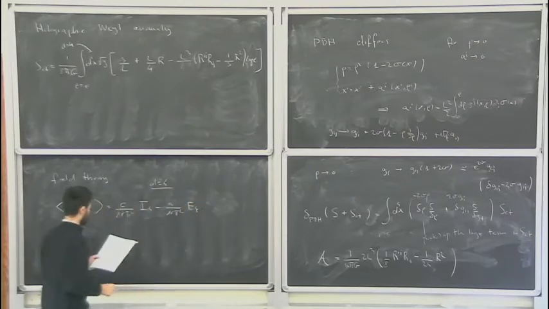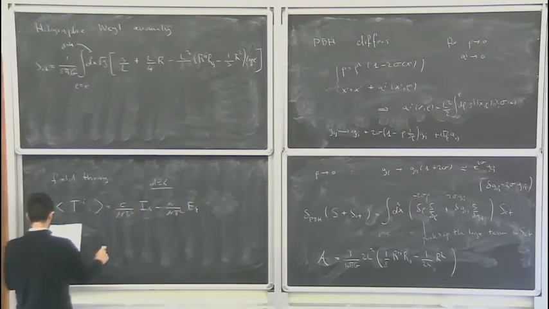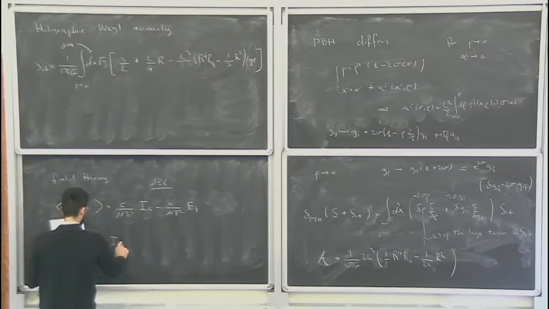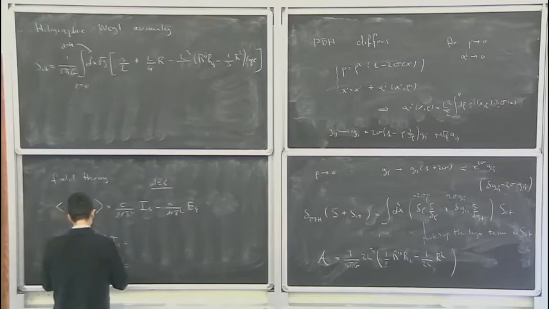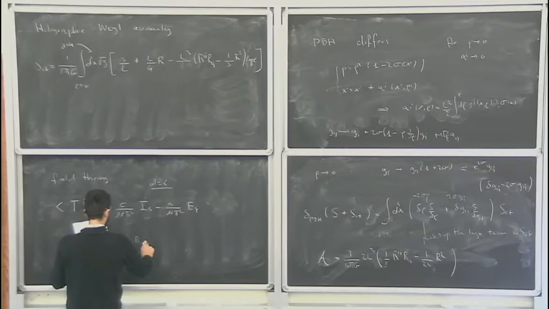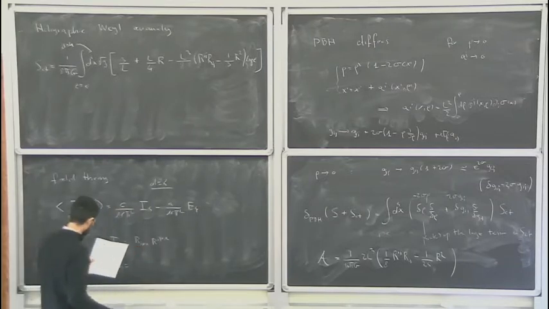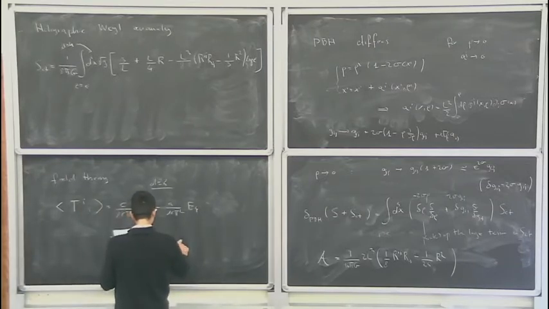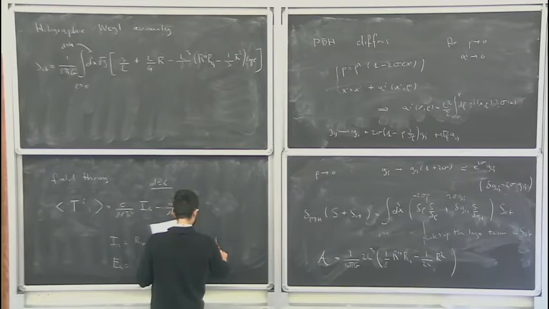Okay, where I4 and E4, I'm going to write for you explicitly, are some invariants. So I4 is Rijkl Rijkl. This is the Riemann tensor contracted with itself, and this is the Ricci tensor contracted with itself, and there is a factor of 1/3 squared.